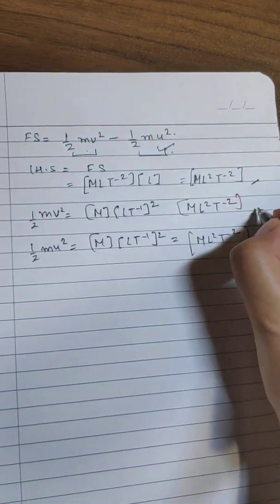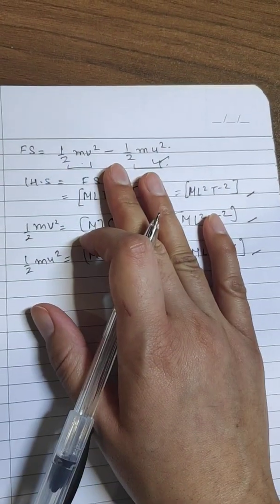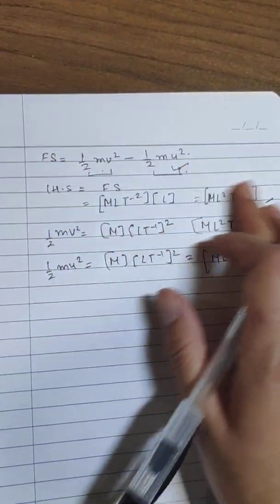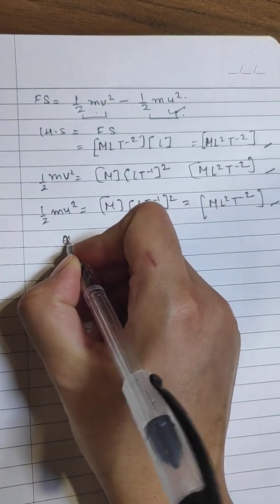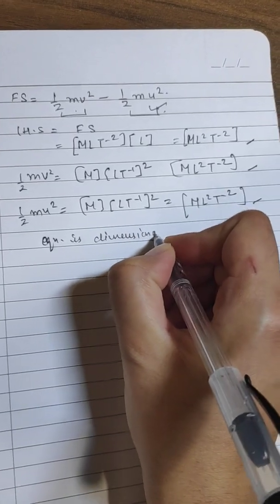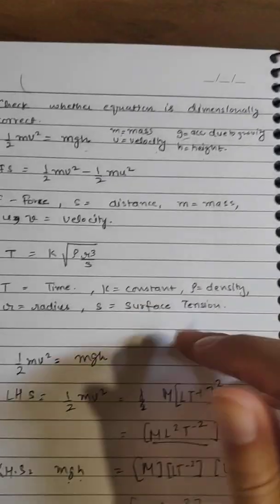As you can see, the three terms have the same dimensional formula, that is, they have the same units in the end after all this multiplication. So this equation is dimensionally correct.